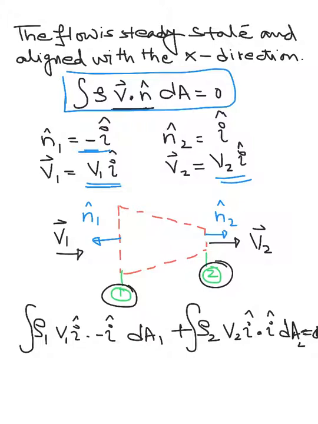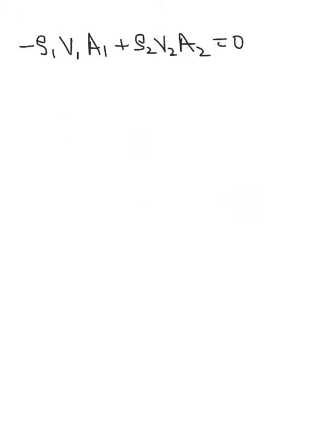Now I will simplify this equation. Density is constant, so I can take the density out, and the product of i dot i will be minus 1 because there is a minus sign. The integral of area over the surface can be written simply as the whole area.